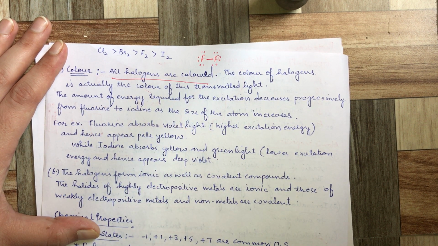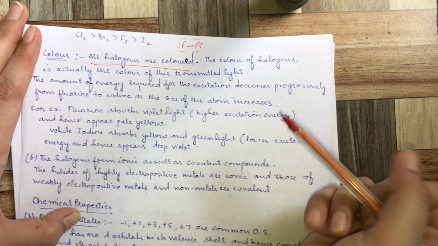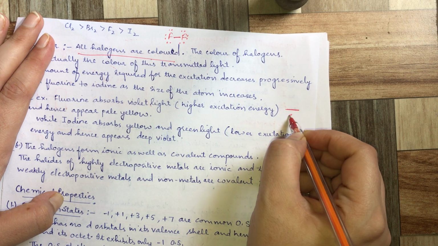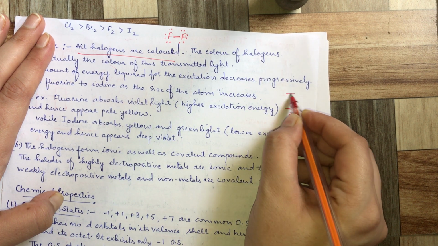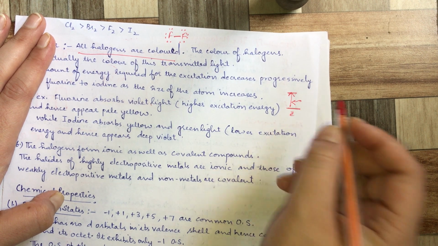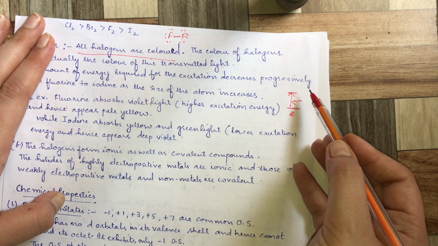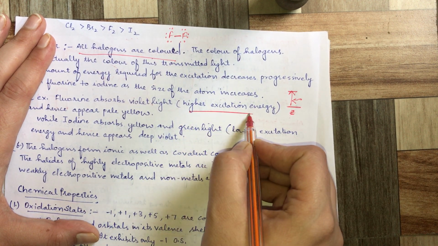Why do we see color? When the valence electrons jump from a lower energy level to a higher energy level. This is the lower energy level. The electron is present here. It jumps to the higher energy level by absorbing energy. If it is difficult for this electron to jump to a higher level, we require higher energy.